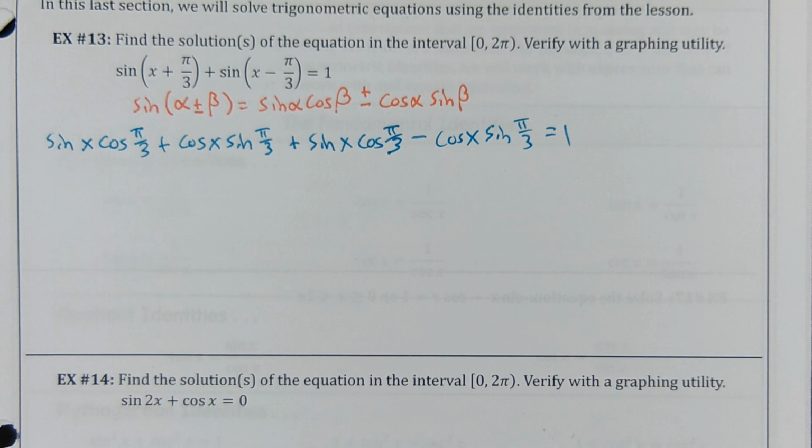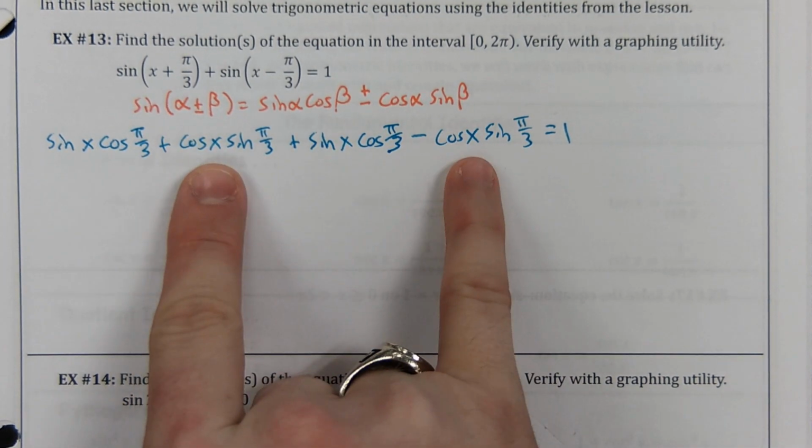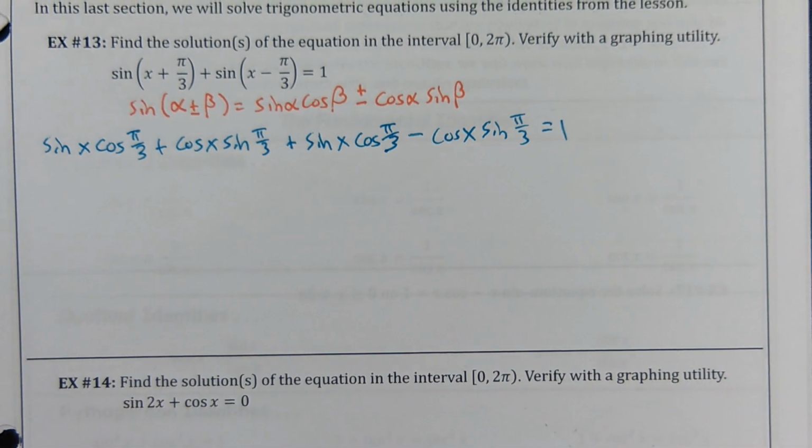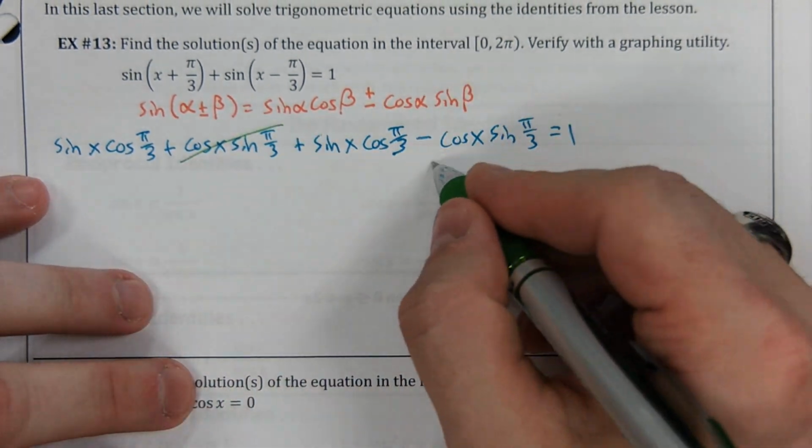So this is not an identity that we're trying to verify. We're trying to solve for x. And look at this. These two guys right here cancel each other out. Bye-bye.